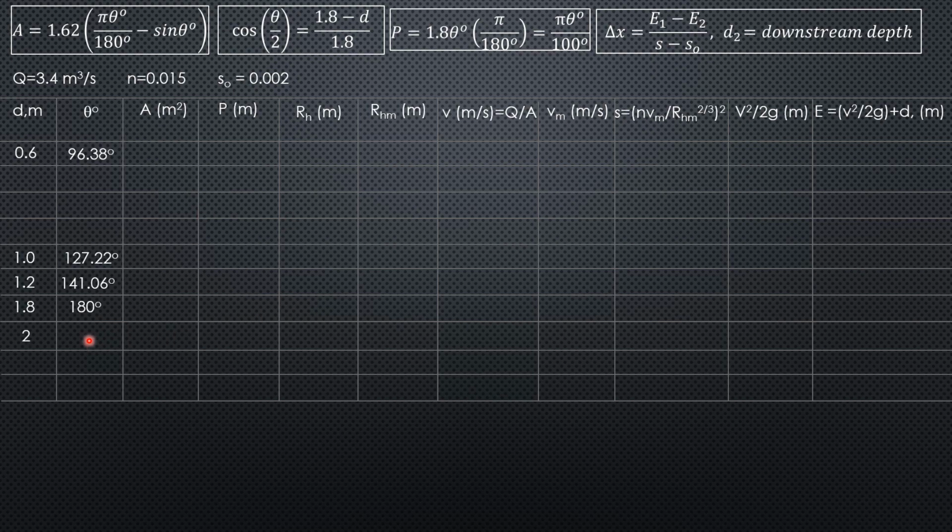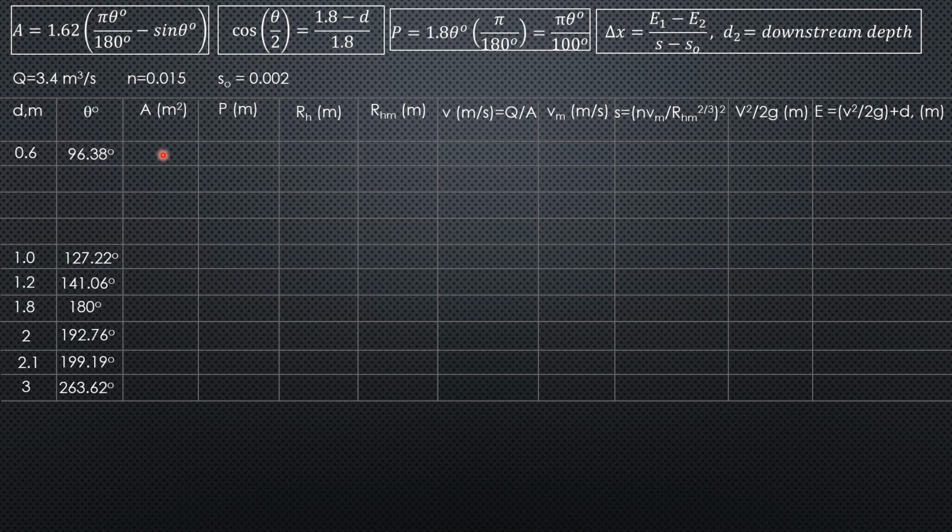Then 2, replace this by 2, 192.76 degrees. 2.1, replace that by 2.1, you will get 199.19 degrees. Then 3, replace that by 3, you will get 263.62 degrees.